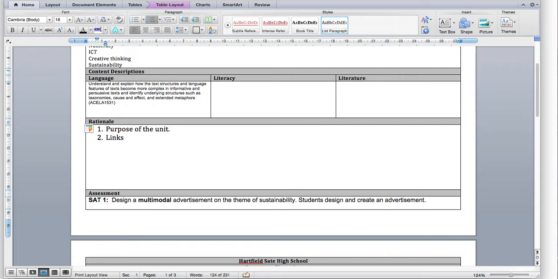Secondly, you need to make links to the Australian curriculum. Okay, so tell me how this unit of work aligns with the curriculum. That's where you'll reference some of these content descriptors. You'll reference the general capabilities, the cross-cultural understandings. So, talk about the strands. Talk about the general capabilities.